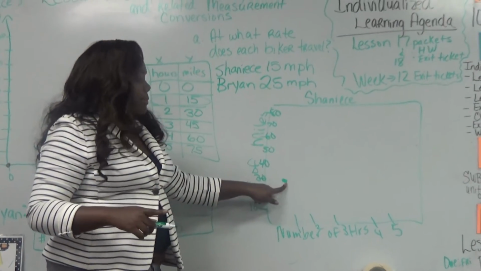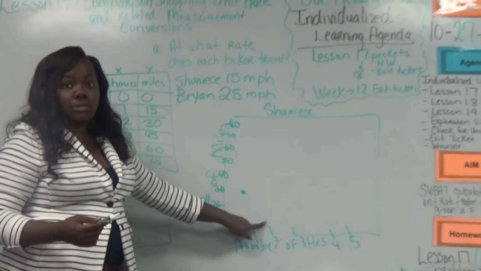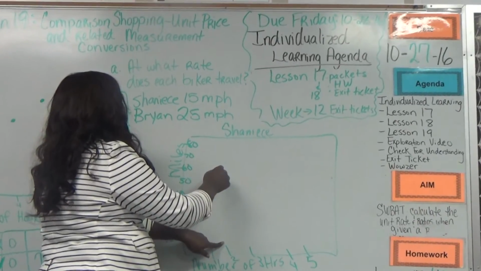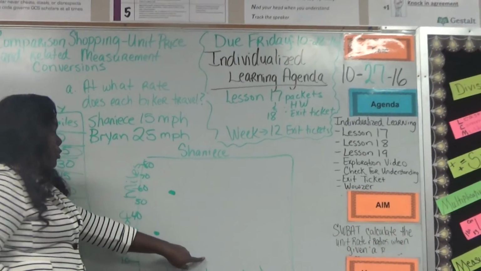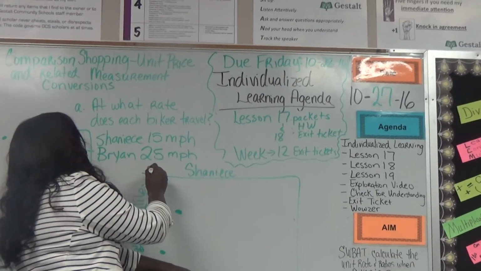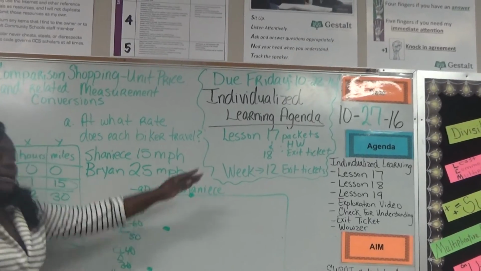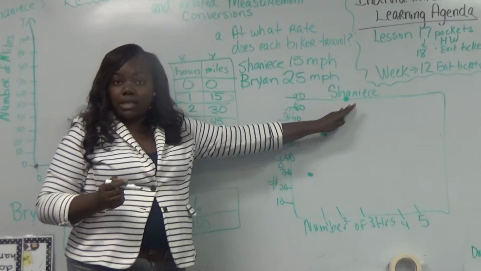Now, if I'm increasing by 30, when I reach 2 hours, how far would I have gone? 60. When I reach 3 hours, how far would I have gone? 90. So I need to make my graph go up a little bit higher. I'm going to stop there because I could keep going on and on. So now, is this a graph that shows Shanice in the lead? Yes.